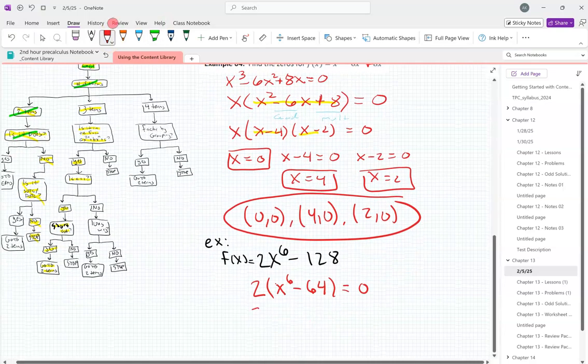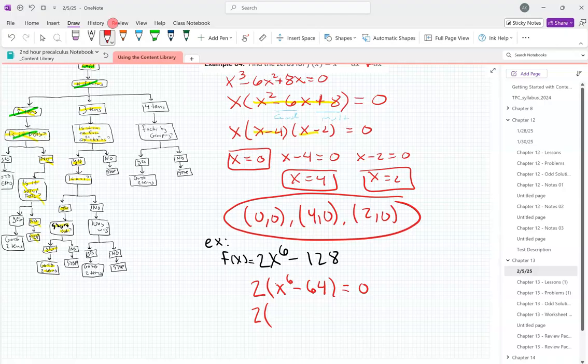Why did you say no? But 6 is an even number, right? So couldn't I think about x to the 6th as x cubed squared? Anytime you have an even degree, that's going to plant you squarely in the difference of 2 cubes, or 2 squares possibility.